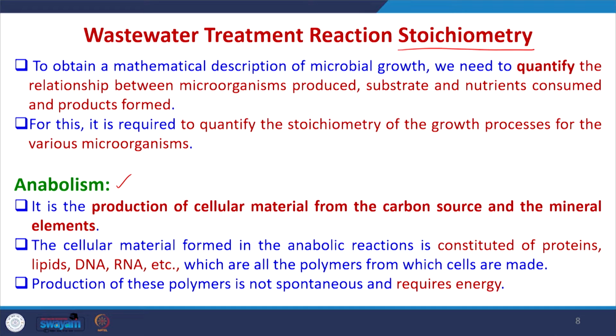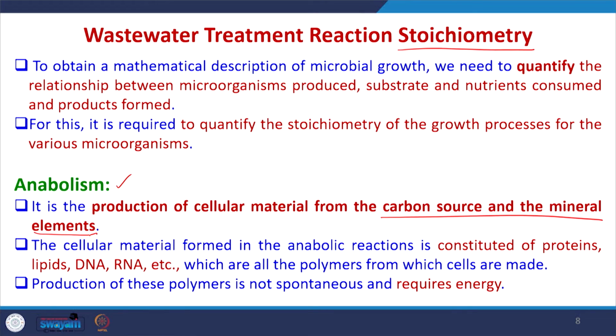So, the anabolism reaction is the one in which the cellular materials are produced in the microbial biomass from the carbon source and the mineral elements. The cellular material formed in the anabolic reactions is constituted of proteins, lipids, DNA, RNA, etc., which are all the polymers from which cells are made.